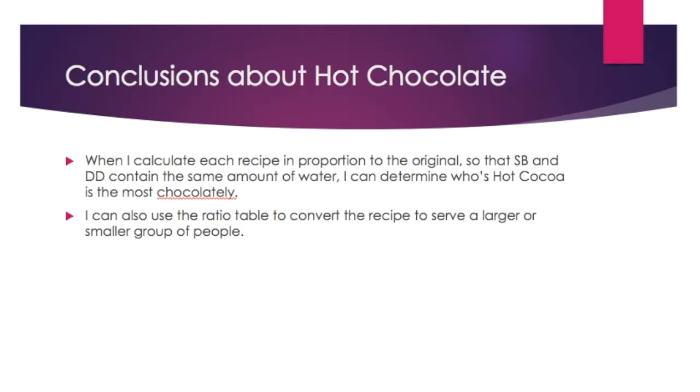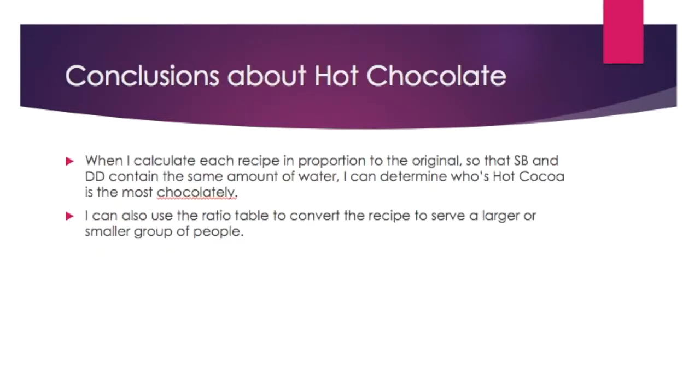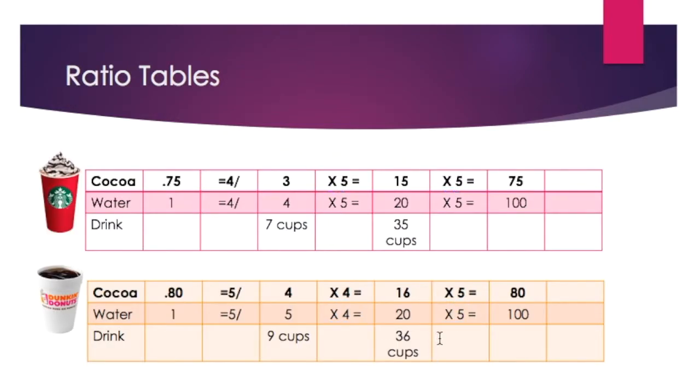So, conclusions about hot chocolate. When I calculated my recipe in proportion to the original, I was able to decide which drink was the most chocolatey based on setting the quantity of water equal to each other. So both drinks had the same amount of water. Which one was going to have more chocolate? That was going to be the most chocolatey. I can also use the ratio table to convert the recipe to serve a larger or smaller group of people, right?